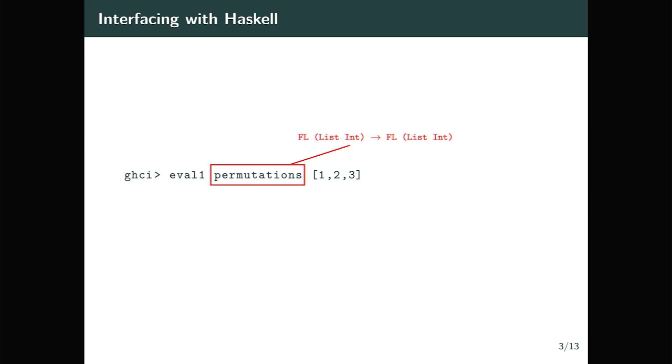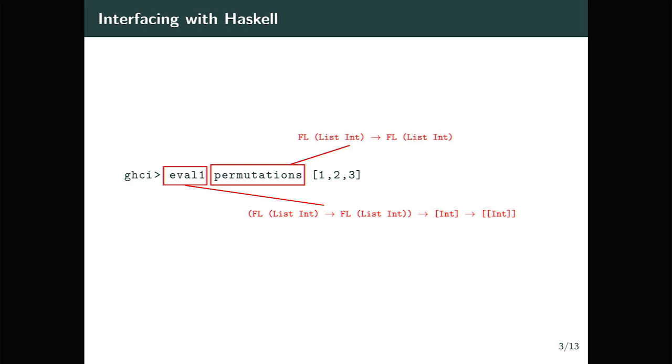But in the Haskell world, we of course want to encapsulate this non-determinism in some way and also be able to give usual Haskell values as input for our permutations function. So what this eval function does in this particular case is take a unary function, in our case the instantiation of the permutations function with a list of Int type, and take a Haskell list of ints and return a list of lists to encapsulate the non-determinism.